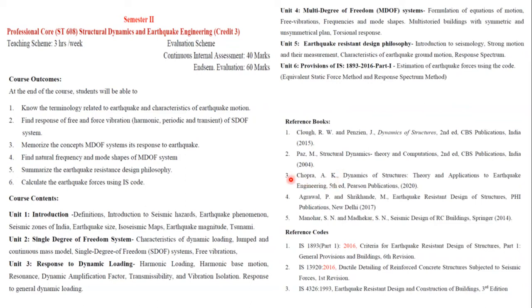Third is also a very famous book written by A.K. Chopra, Dynamics of Structures: Theory and Applications to Earthquake Engineering, published by Pearson Publications. Fourth is Agrawal and Manish Shrikhande, Earthquake Resistant Design of Structures, PHI Publications, New Delhi.